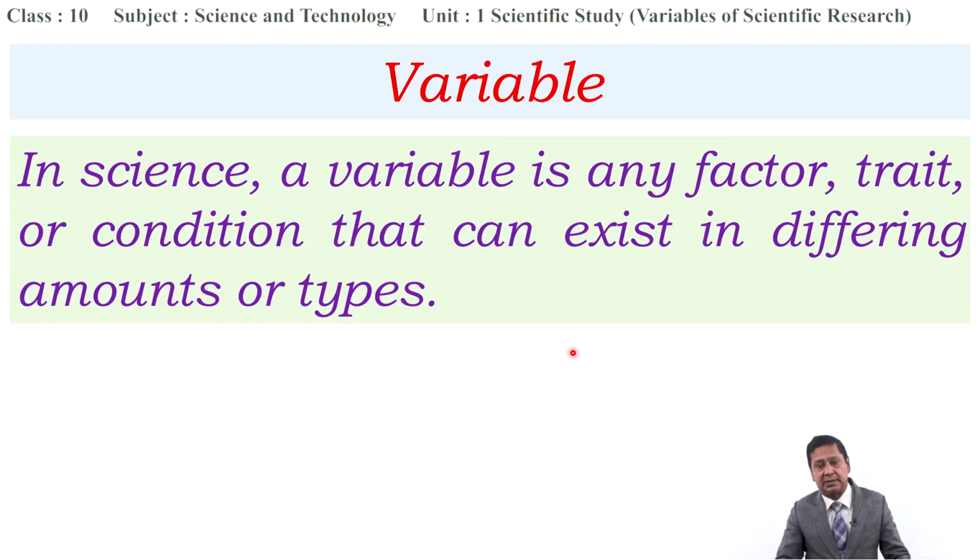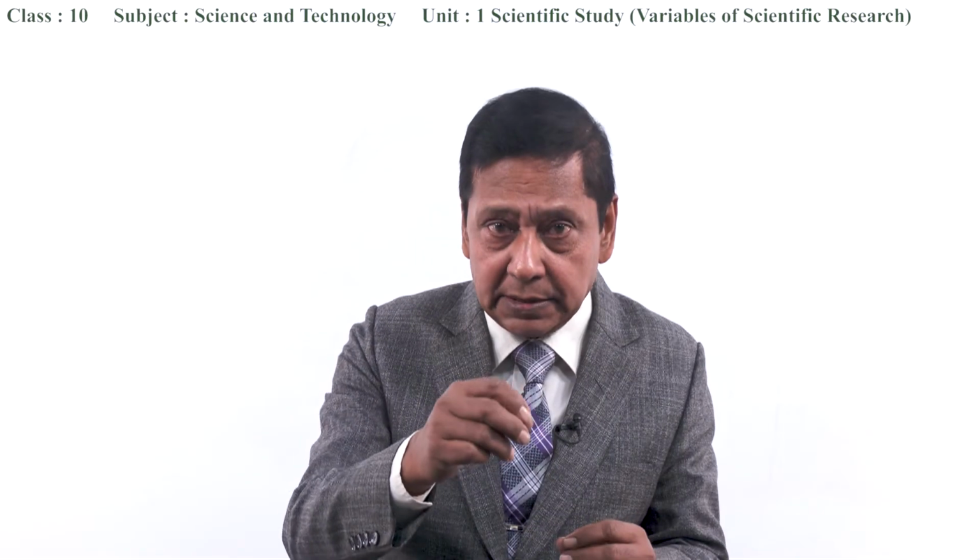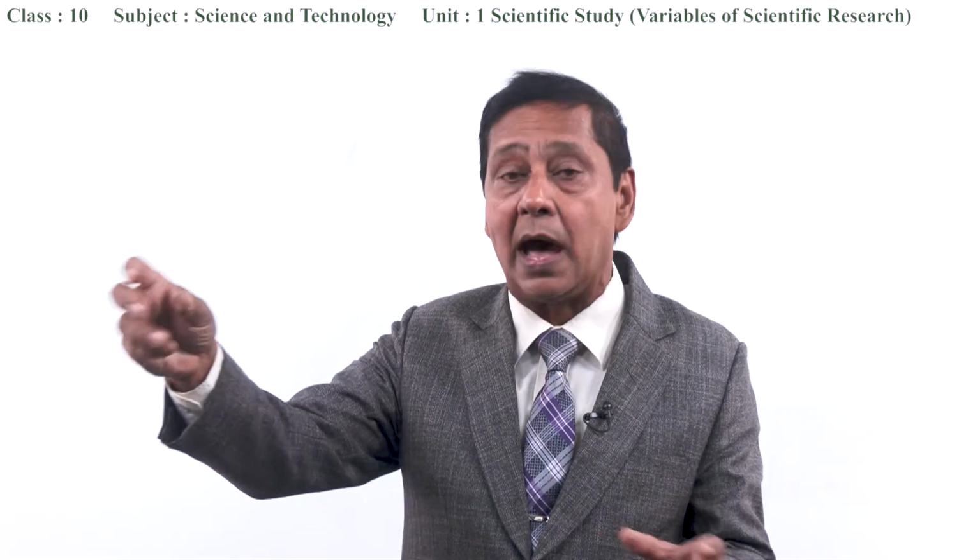There are many other things, but these examples are enough, I think. Any factor, any trait, or any condition can be taken as a variable, and they exist in differing amounts. What does it mean? They exist in differing amounts. Just for example, different pieces of stone have different mass.